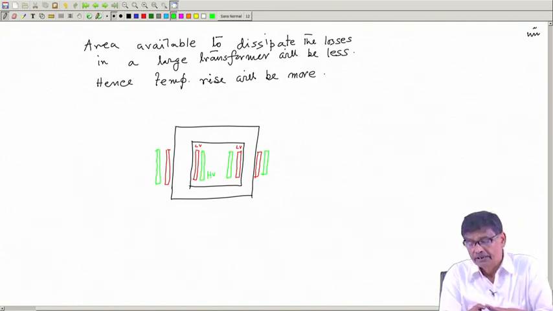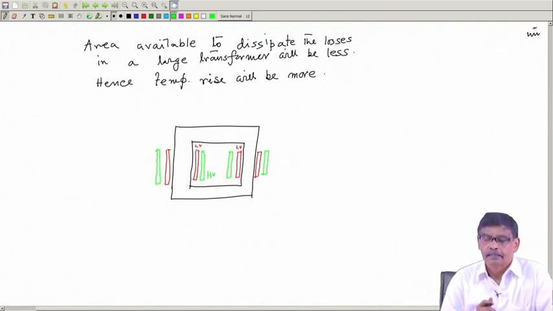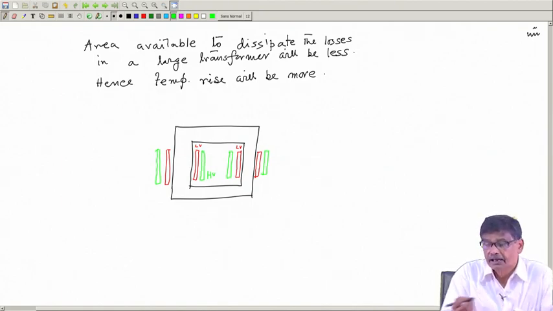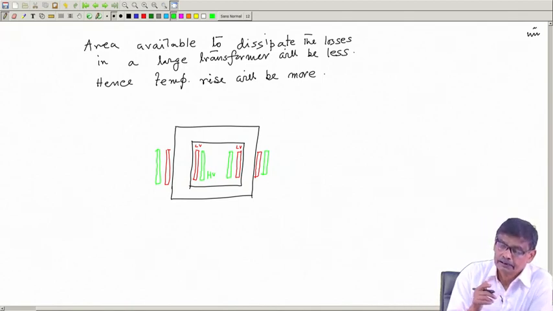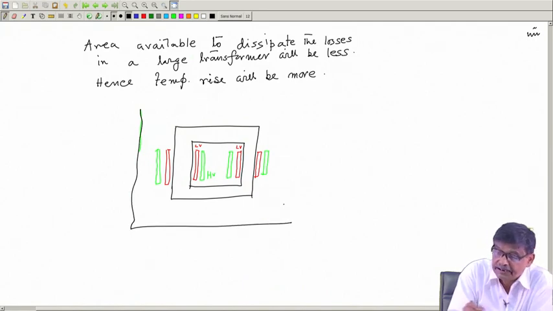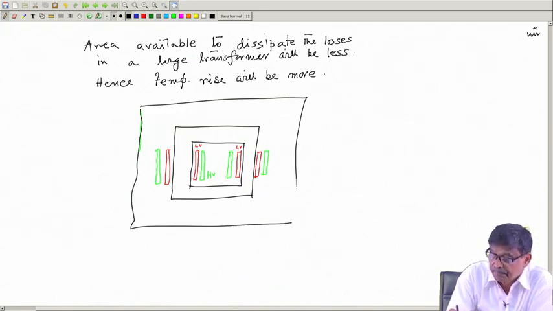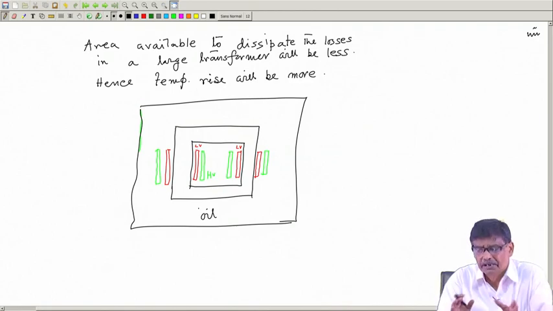Got the point. Now, this is the transformer, and this whole thing can be air natural cooling. Earlier it was just air natural cooling, but here you will say that maybe I will immerse this transformer in a tank filled with oil, okay, mineral oil, refined mineral oil.